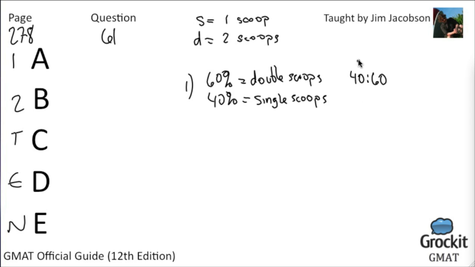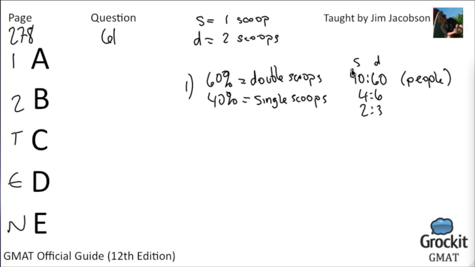So that's single to double, and this is people. We could just simplify this fraction to 4 to 6 or 2 to 3.